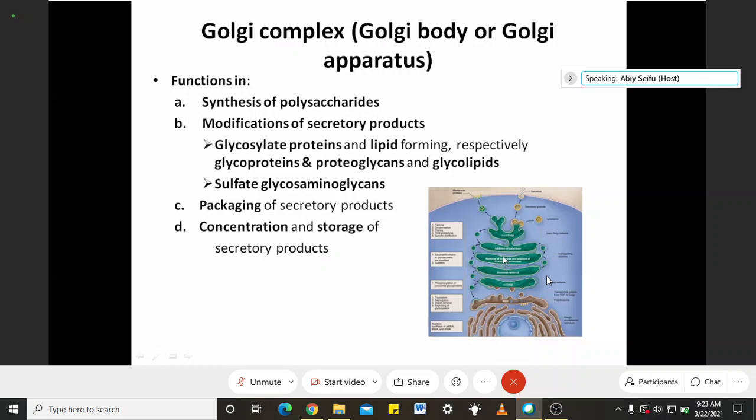And these carbohydrates are added to proteins and lipids, forming glycoproteins, proteoglycans, as well as glycolipids. And this means that the substances received from the endoplasmic reticulum are modified, are added with polysaccharides.